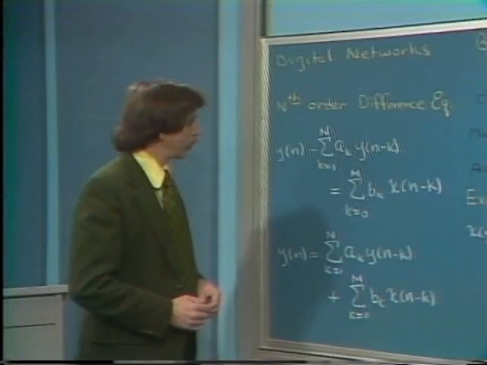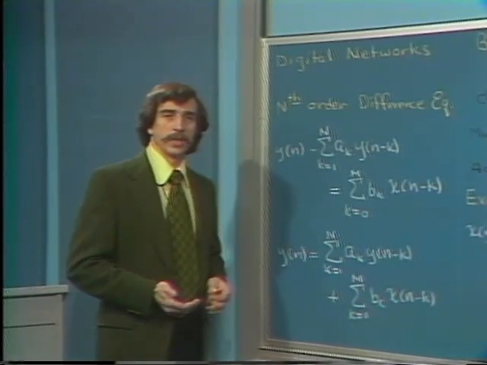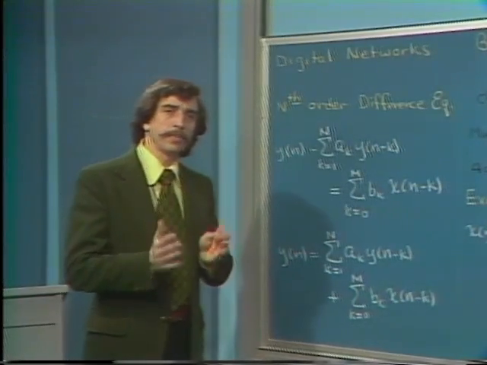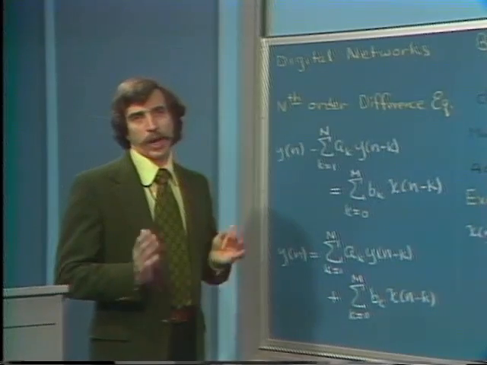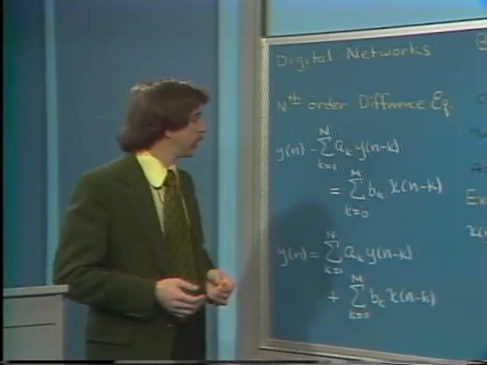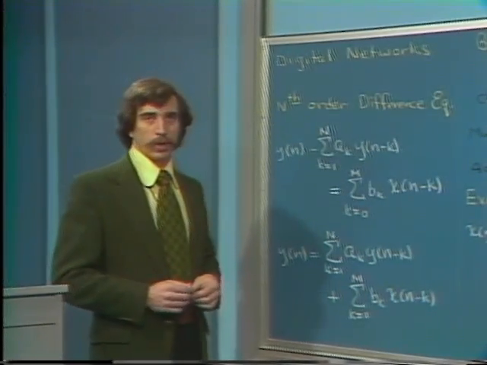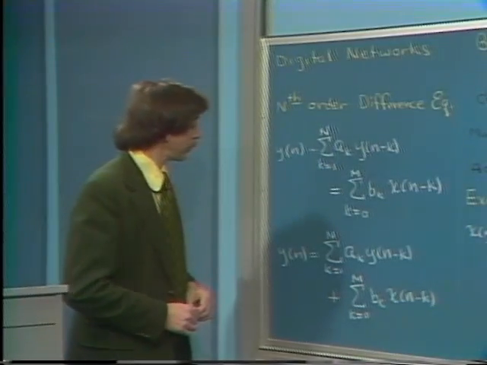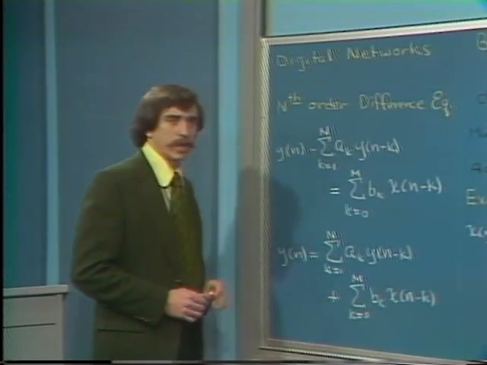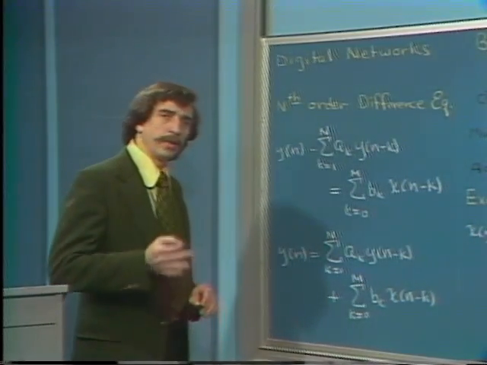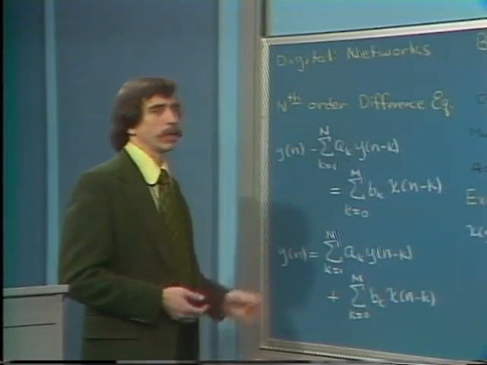In other words, the boundary condition that we're imposing is that for the input 0 for n less than, say, n1, the output will also be 0 for n less than n1.